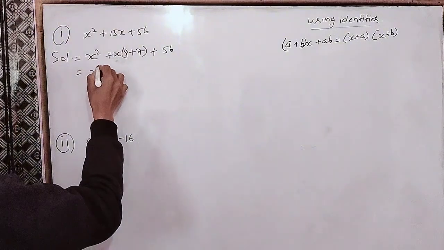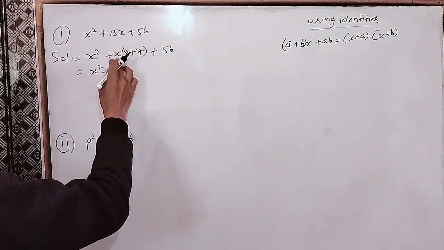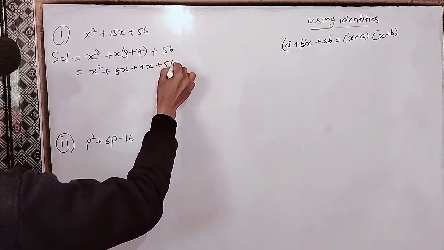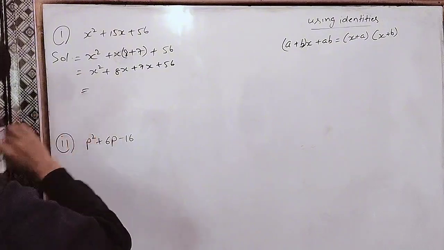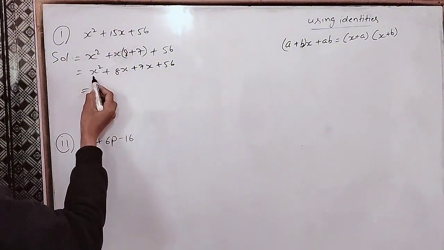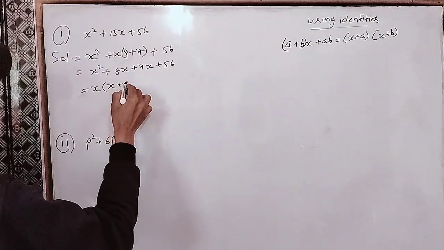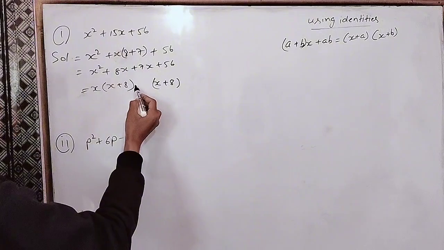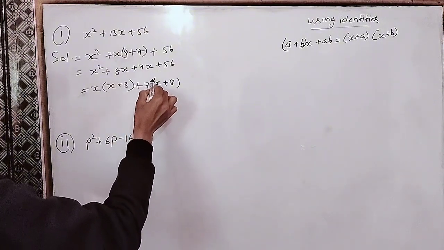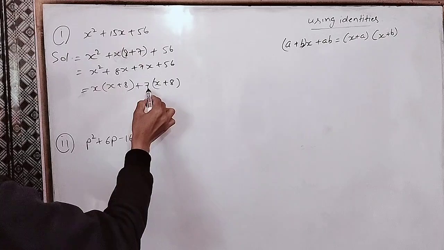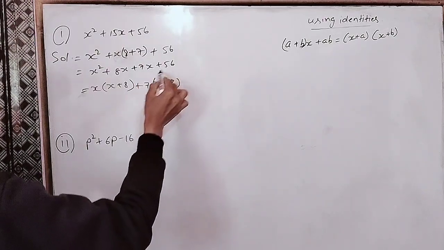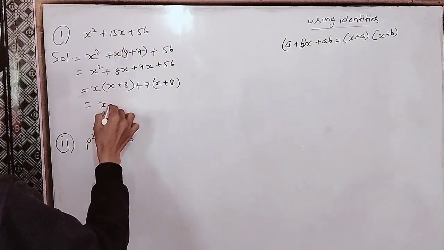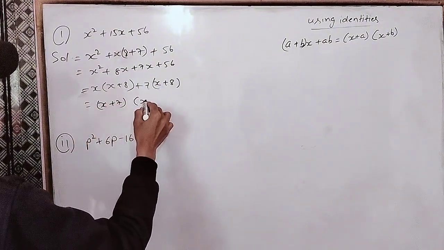Now we have the expansion. We will multiply this by this. Then x is common, so we write x into x plus 8. And whatever we have left, we have 7x plus 56, which is 7 into x plus 8.